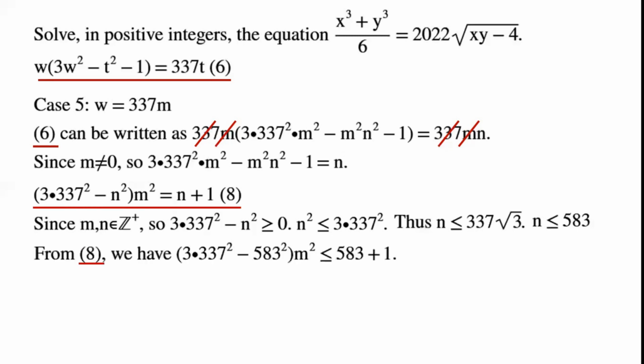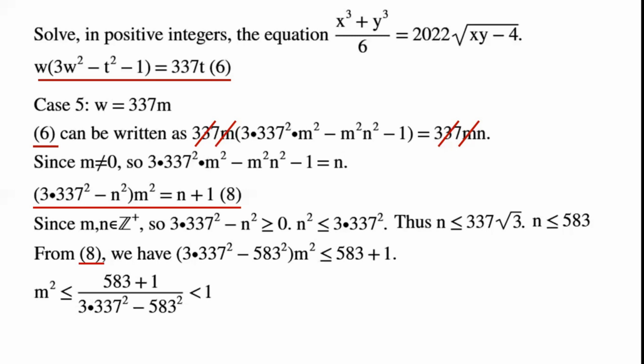From equation 8, we have (3 times 337 squared minus 583 squared) times m squared is less than or equal to 583 plus 1.